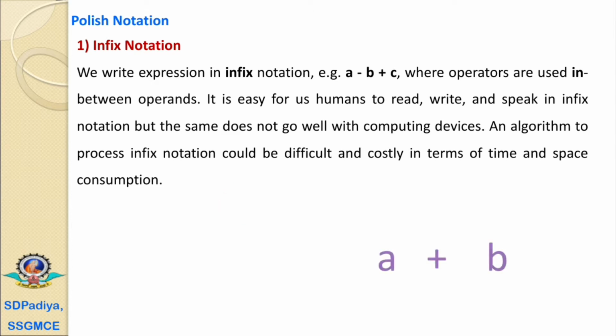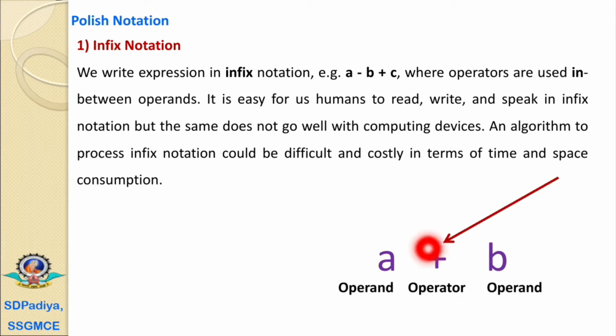Now suppose we have a plus b. Here a and b are operands and plus is an operator. If the operator is fixed in between the operands, we call it the infix notation. This plus is fixed in between the two operands, so it is the infix notation.